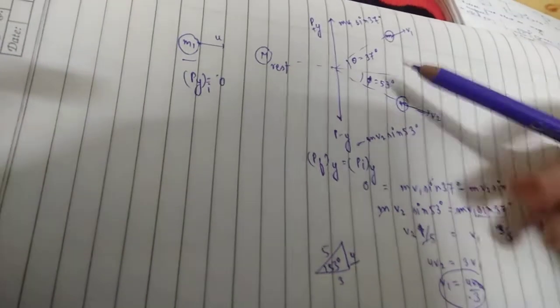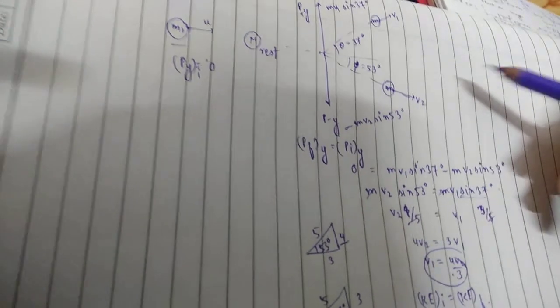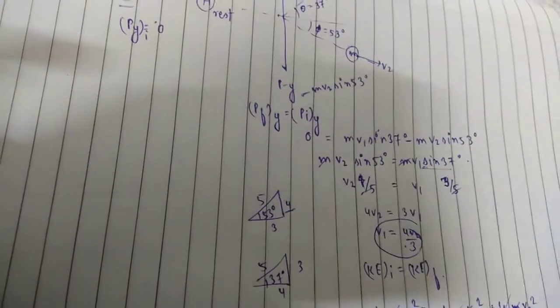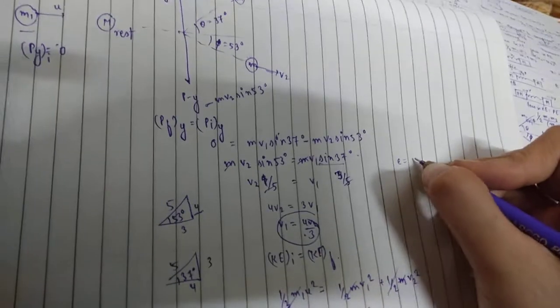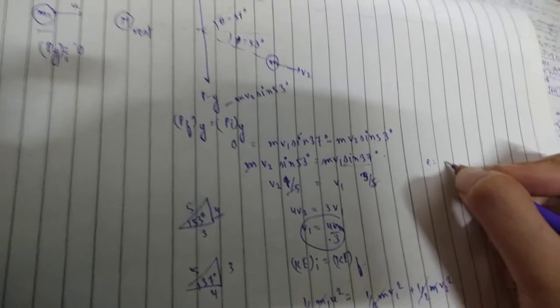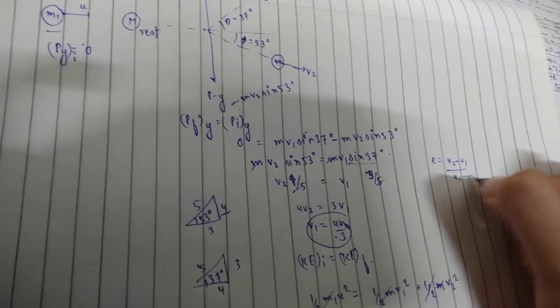So this is the question. Simply, what we have to do: if we are given the angles, we first apply momentum conservation in the y direction, and if we are given the velocities, then we first apply kinetic energy conservation, then momentum conservation. We can also use the coefficient of restitution, that is separation by approach, v2 minus v1 over u1 minus u2.